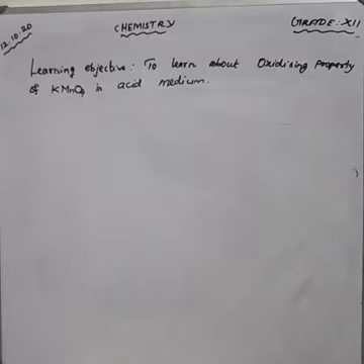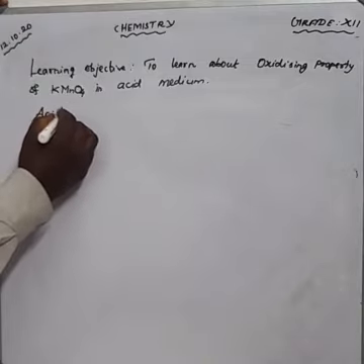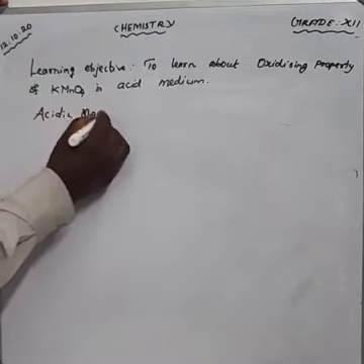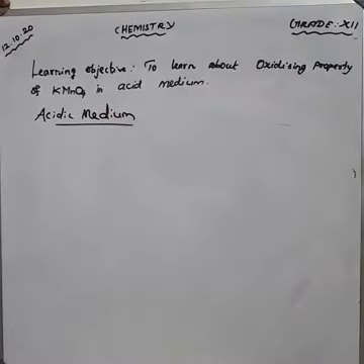The oxidizing property of KMnO4 in acidic medium. In the presence of dilute sulfuric acid, potassium permanganate acts as a very strong oxidizing agent.